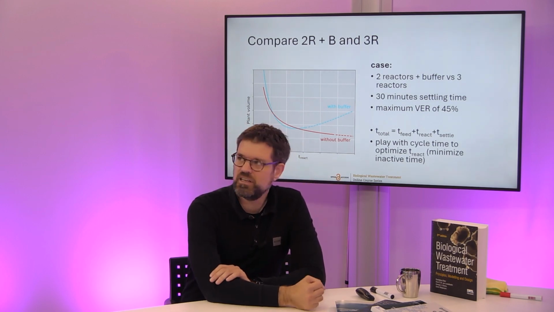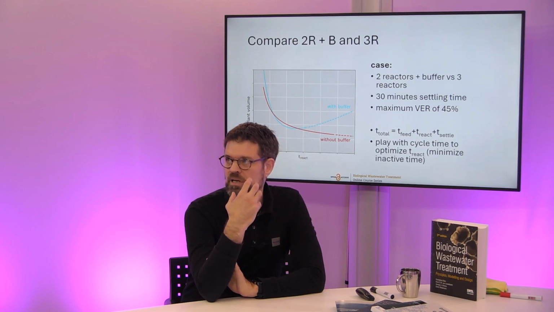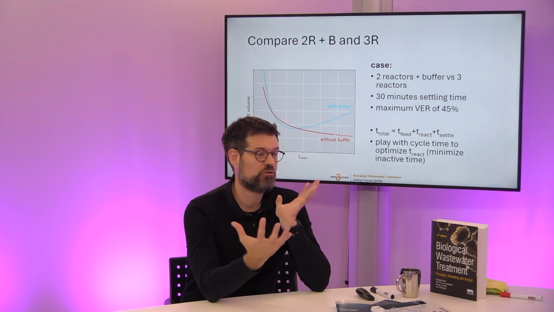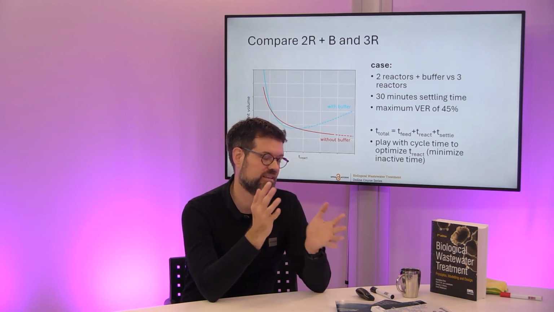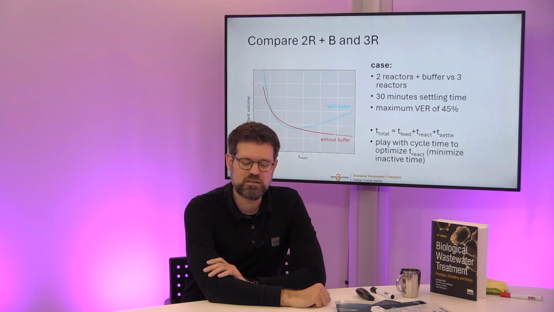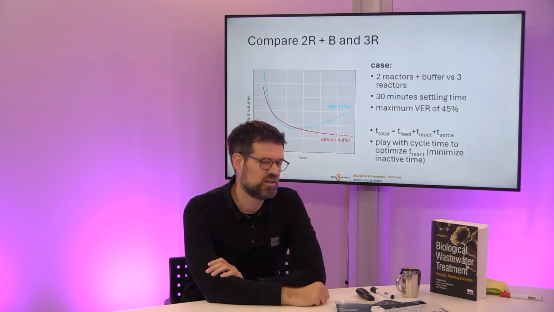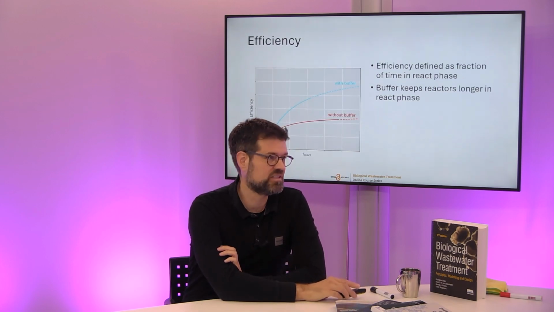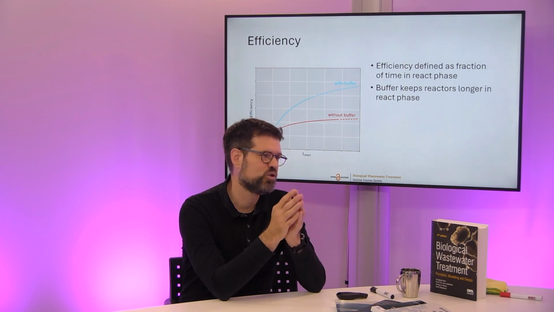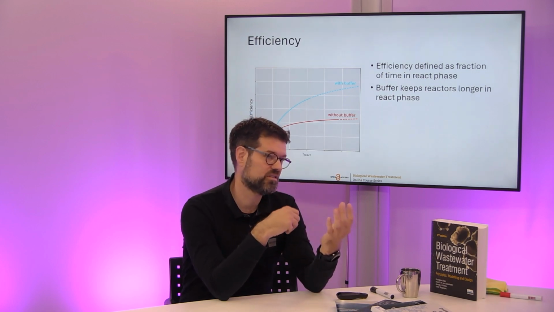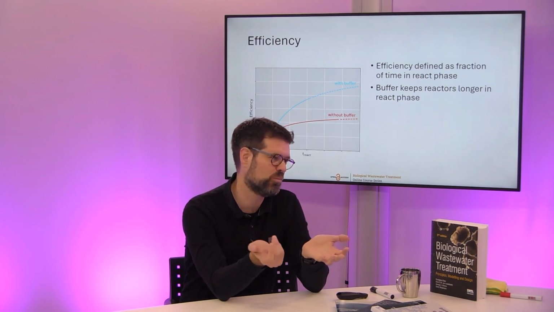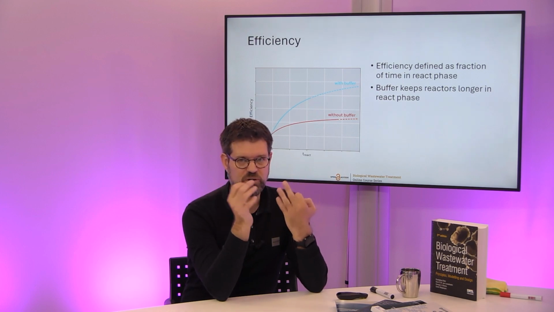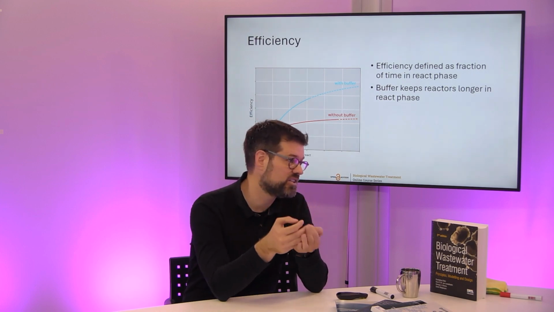And what you actually see here is that you don't gain so much of total volume of your plant if you put a buffer in this comparison. The total volume can be very similar, but the big gain is in the efficiency of the reactors. A reactor is much more complex. You have your diffusers, you have your feed pump, your gutters, your instrumentation.